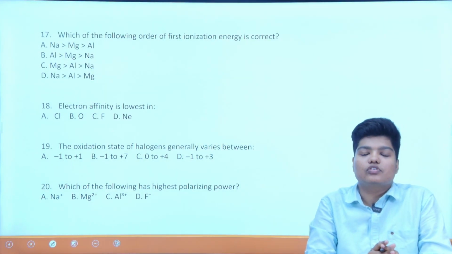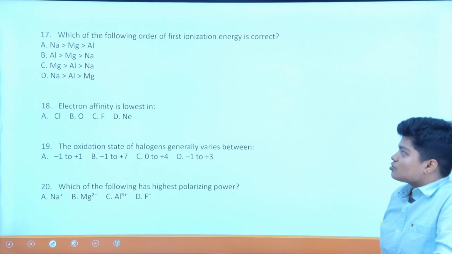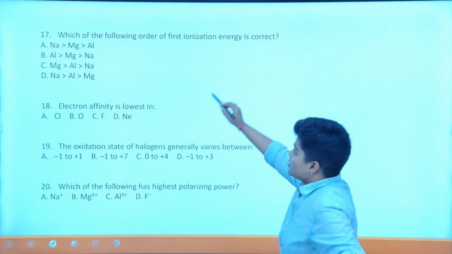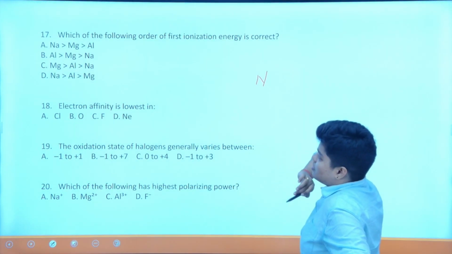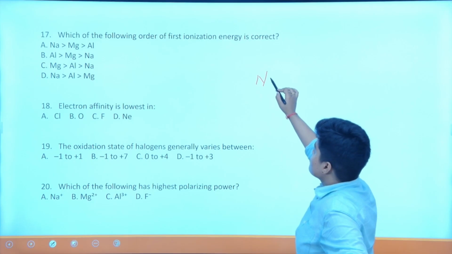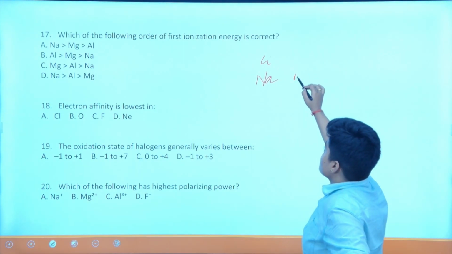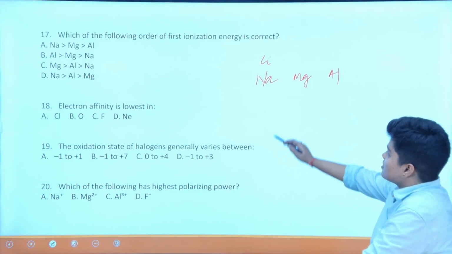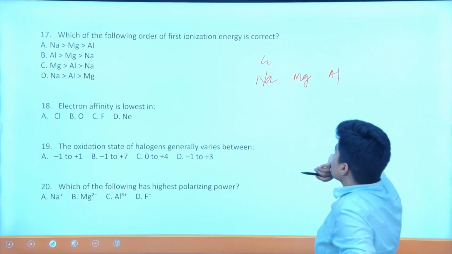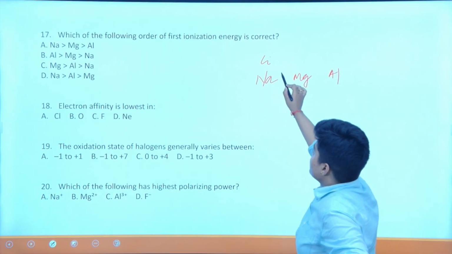Sodium, magnesium, aluminum are elements of the third shell, after lithium, sodium, magnesium and aluminum, in the increasing order of the third shell. So the general trend will be that the ionization energy increases.